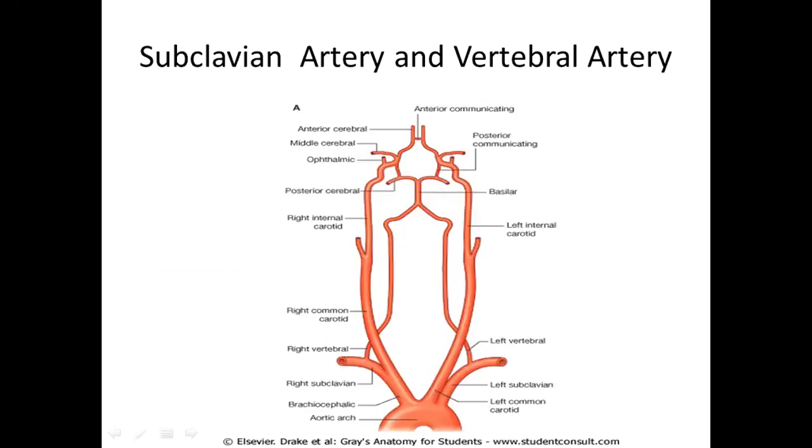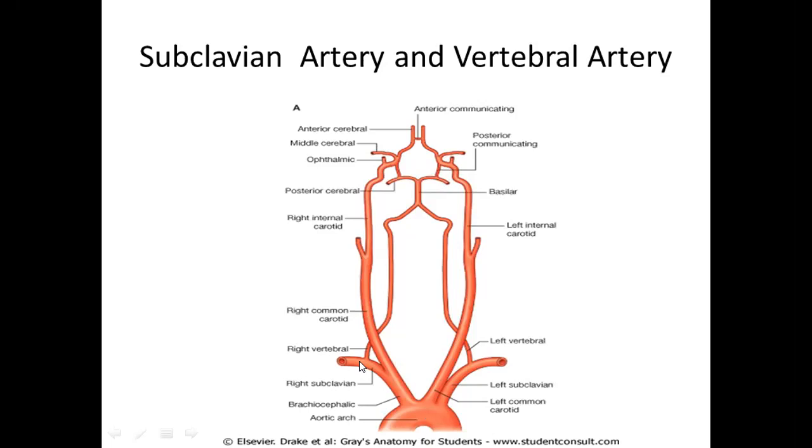Here, this is the aorta carrying blood from the heart. The aorta on the left side gives the left subclavian artery and the left common carotid artery. On the right side is one stem, which is the brachiocephalic or innominate artery, also giving two branches, which are the right subclavian and right common carotid.